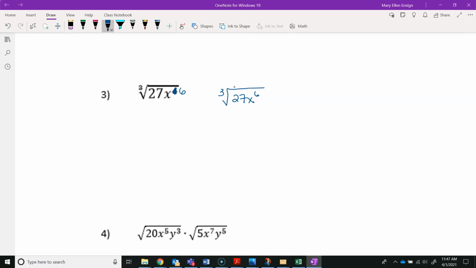All right, so again, I'm going to choose to split this up. So cube root of 27, cube root of x to the 6th. Cube root of 27 is going to be 3. Cube root of x to the 6th, 6 divided by 3, I can do that. It becomes 2, so I get x squared.